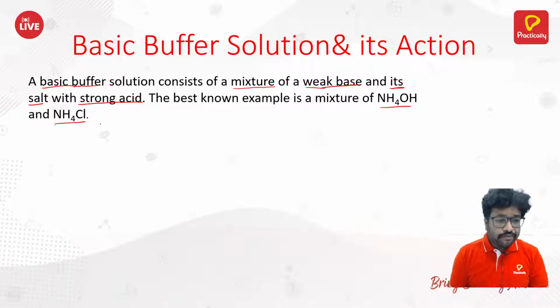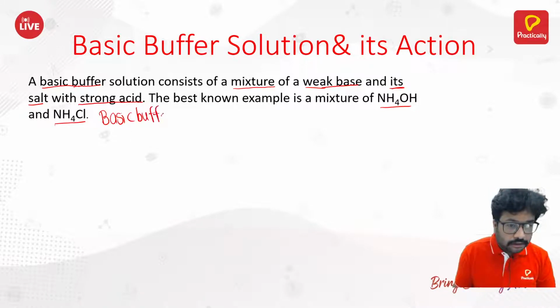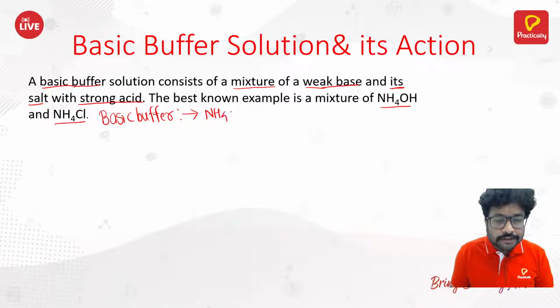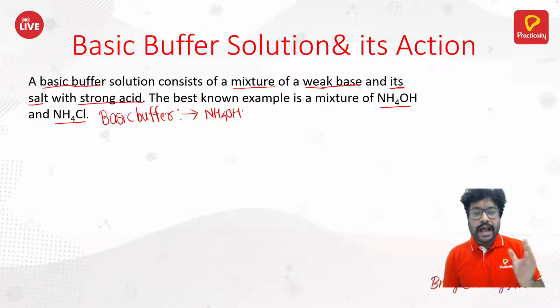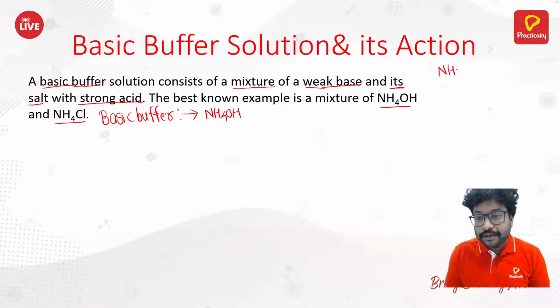Now see again your basic buffer. As I told you, it's a mixture of a weak base. What weak base did you take? NH4OH is a weak base. Now you want to form a salt out of it. How do you form a salt out of it? So NH4OH plus HCl.